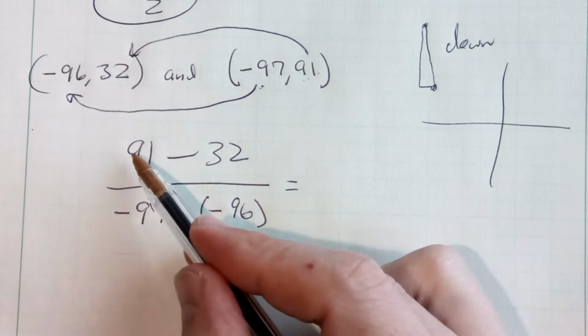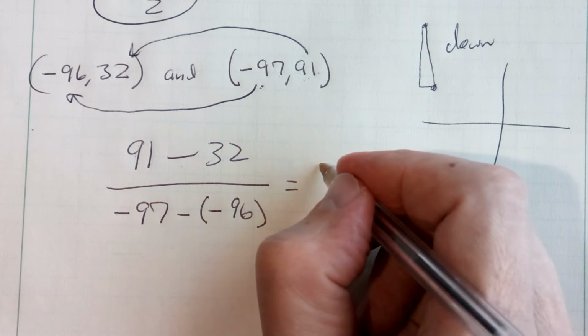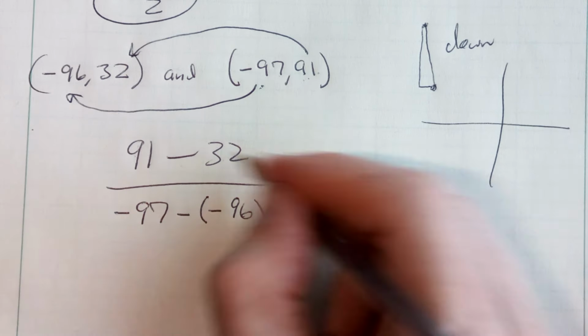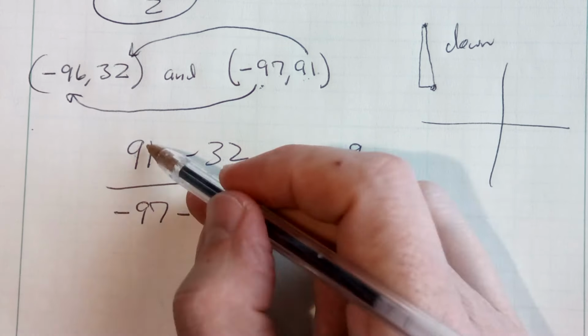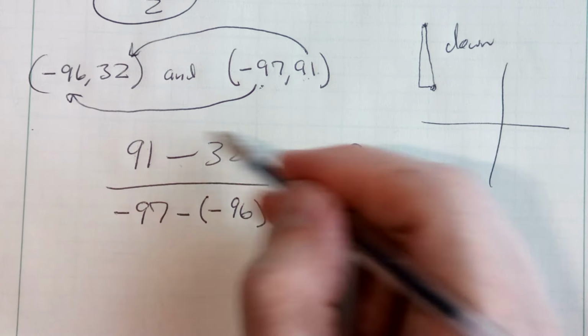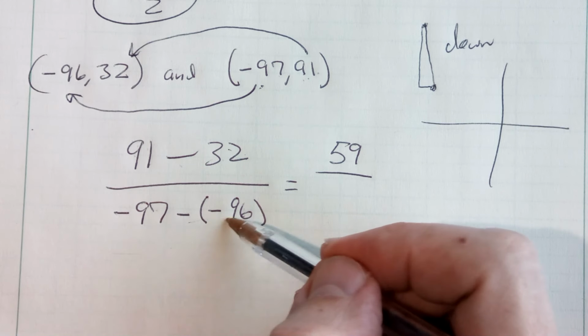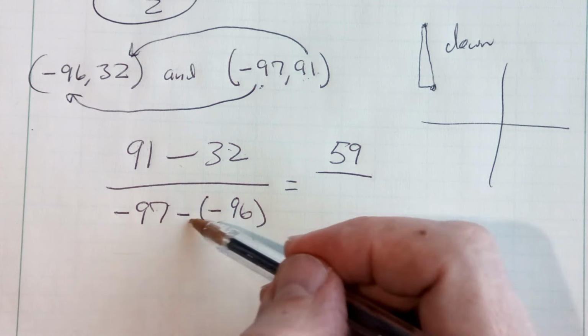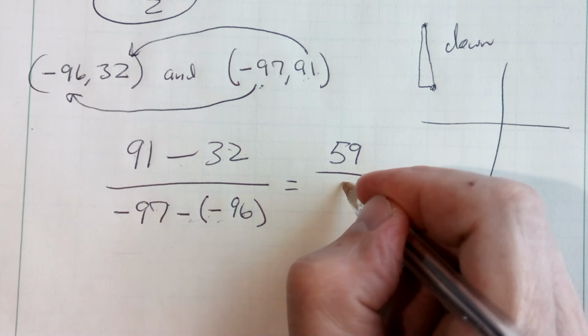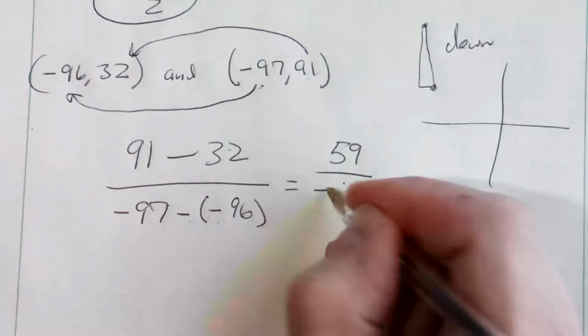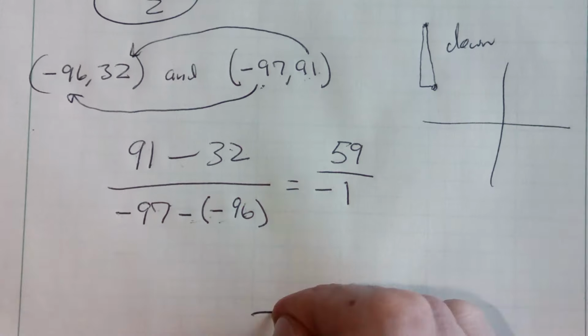Well, 91 minus 32 is going to be 59 over, well, -97 plus 96 is going to be -1. So my slope is actually just -59.